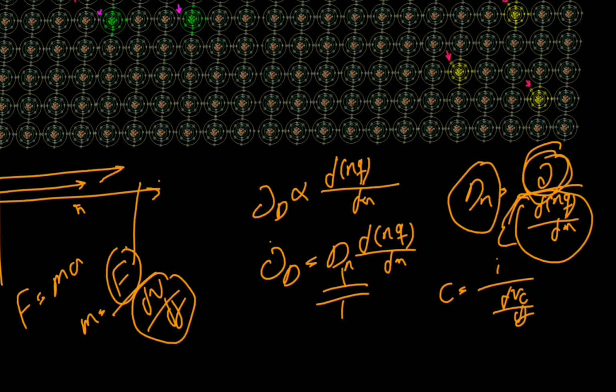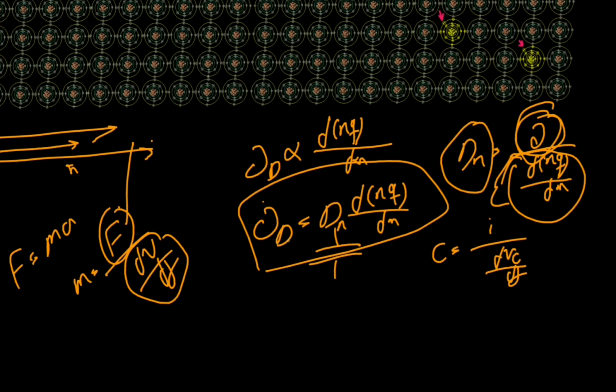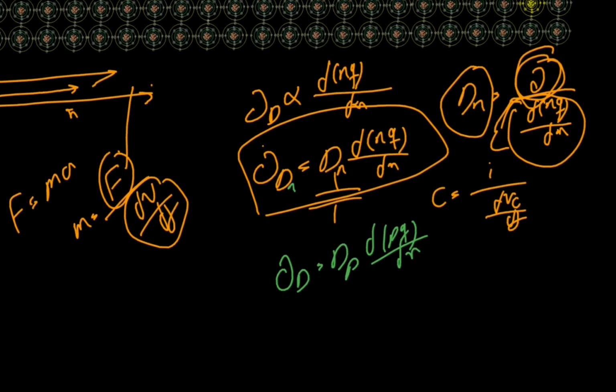But how would this help us in calculating that E field? Well, we know that this is the diffusivity of electrons. We obviously would have the current density for the holes as well. And then we have another current.